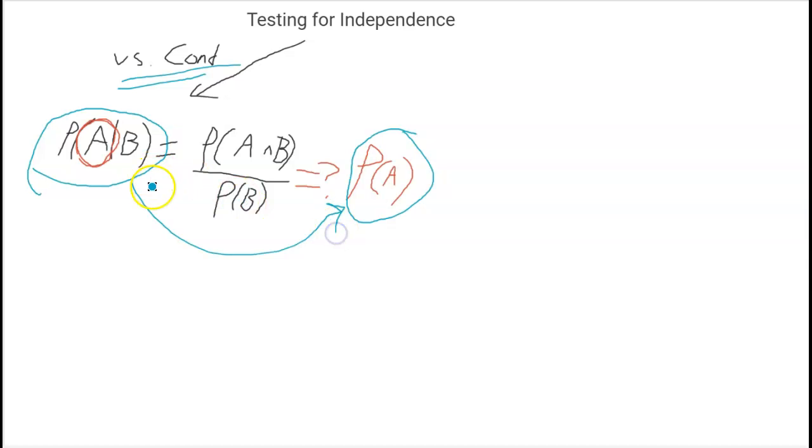Equal or not? If equal, then we have independence.